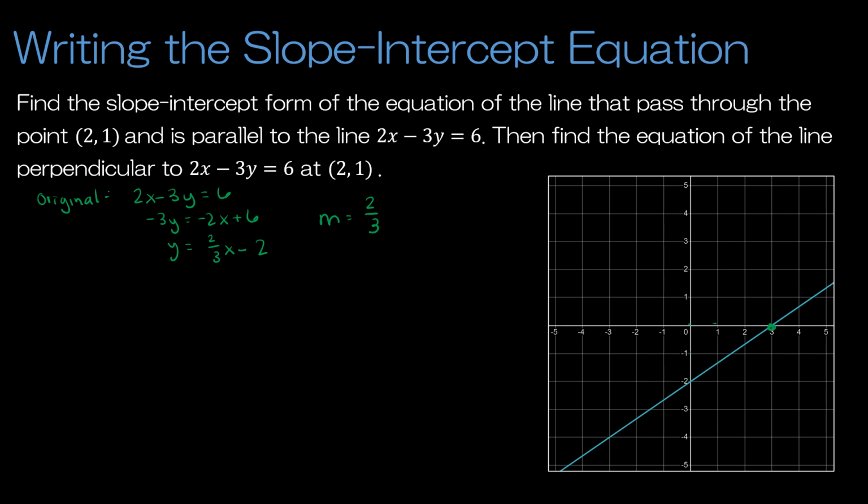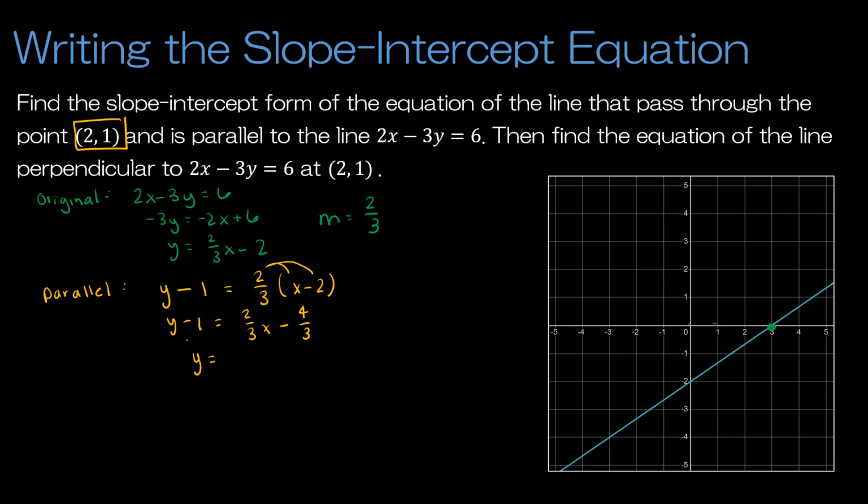So now if I want to do the line parallel, I'm going to say y minus, and again I'm using the point (2, 1), so I'm going to use the y value of 1. I'm going to take the slope of 2/3 because parallel lines have the same slope, and then x minus 2. That's going to give me y minus 1 equals 2/3 x minus 4/3, and then I'm going to add 1 to each side.